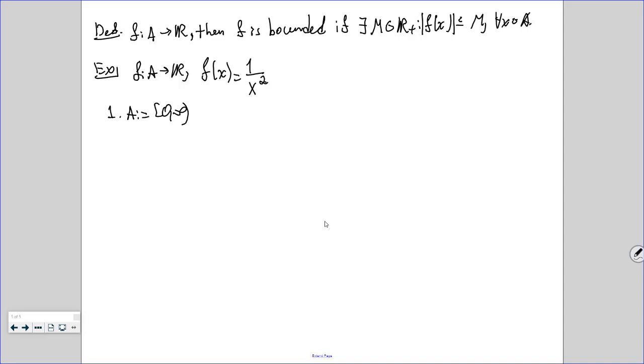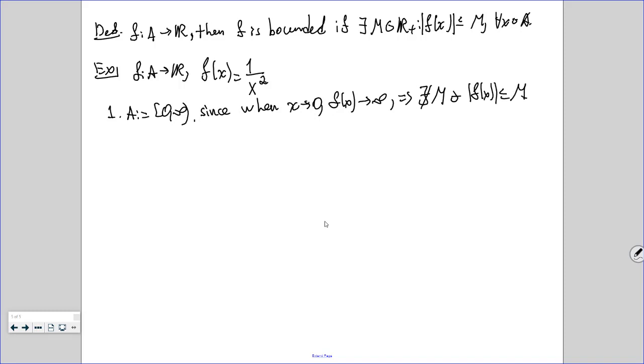The thing you notice here is that f is unbounded, since when x goes to 0, f(x) goes to infinity, therefore there is no M such that f(x) is less than or equal to M. Near 0 the function starts to behave very badly.